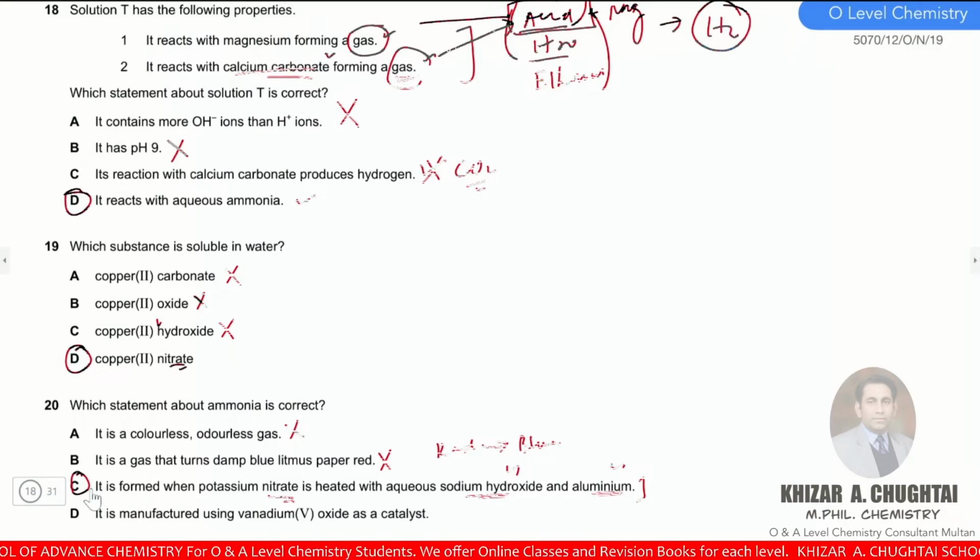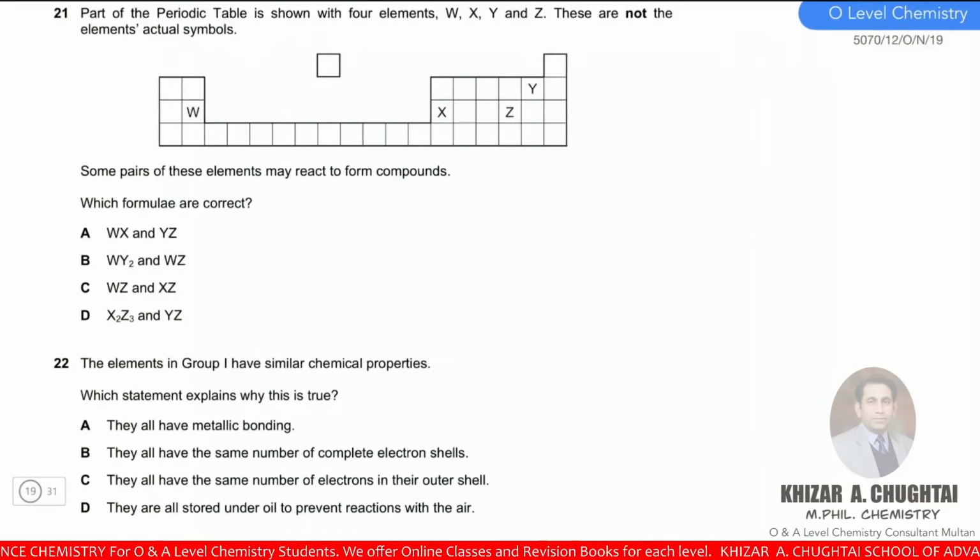The next one is 21. Part of the periodic table is shown with 4 elements W, X, Y and Z. These are not the actual element symbols. Some pairs of these elements may react to form a compound. Which formula is correct?